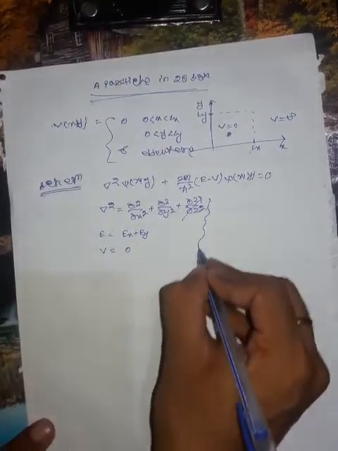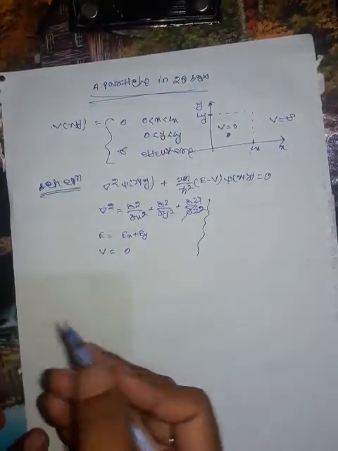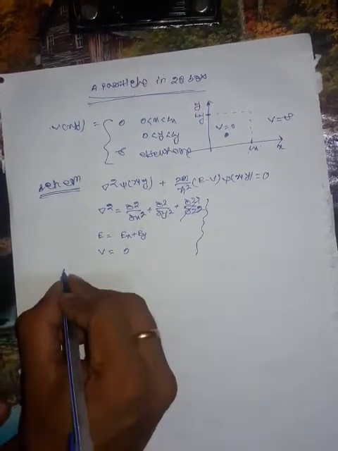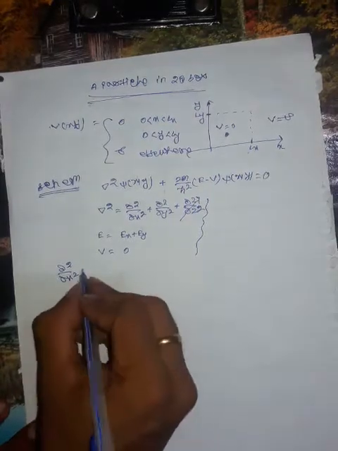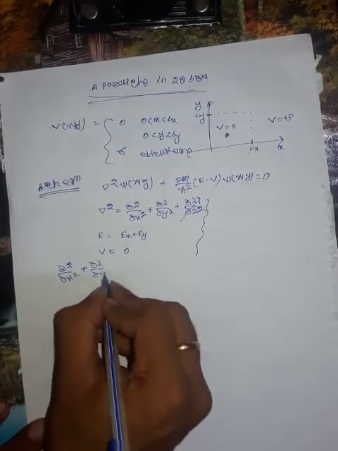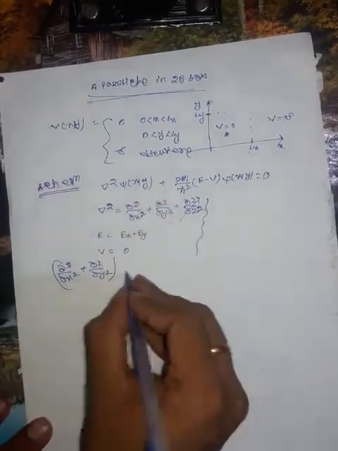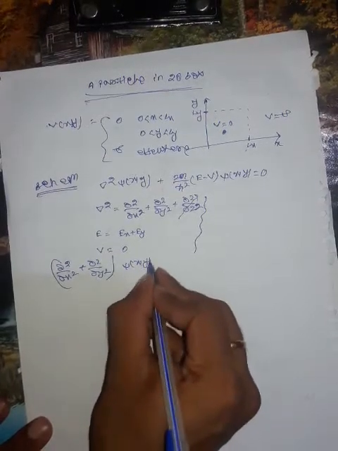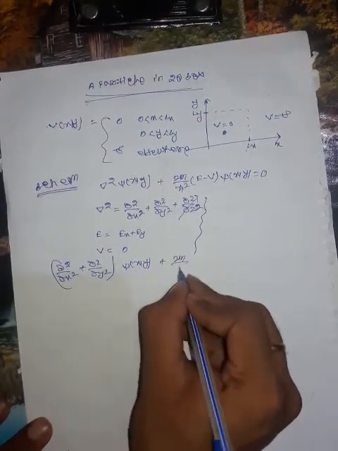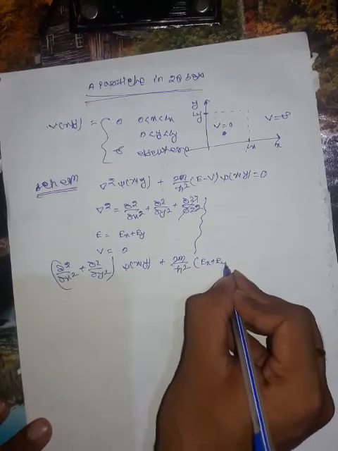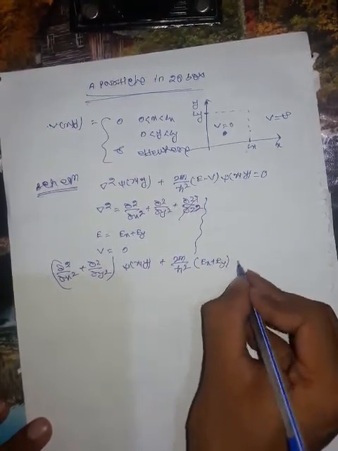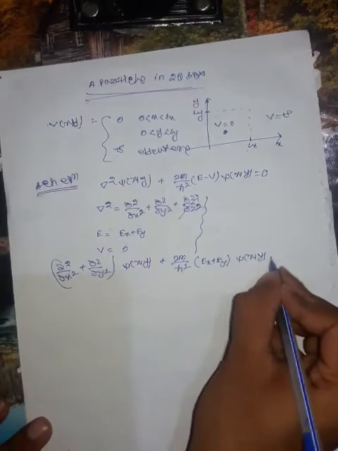So putting these values in the time independent Schrodinger equation, we get dou square by dou x square plus dou square by dou y square, whole into psi of xy, plus 2m by h cross square, E can be written as Ex plus Ey, V can be written as 0, that implies psi of xy is equal to 0.